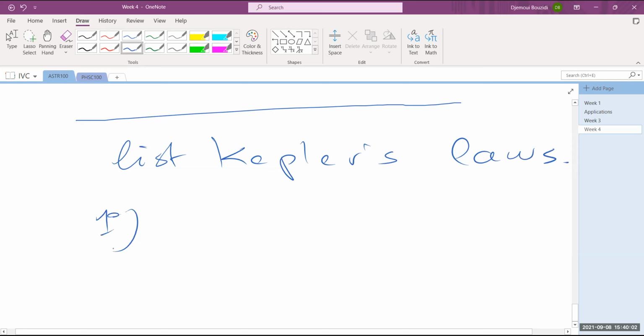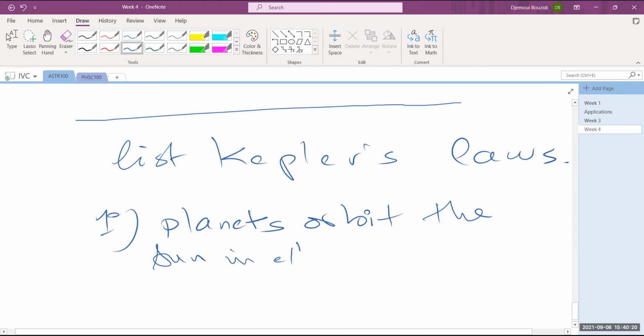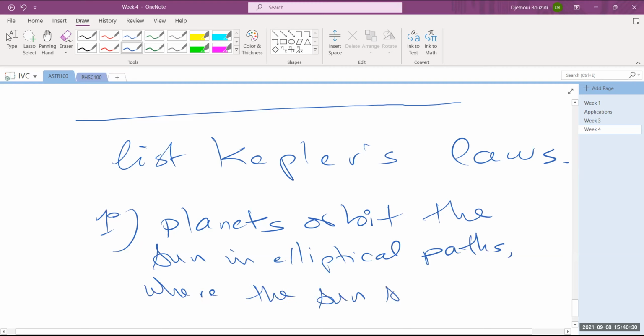Okay, so the first law: planets orbit the sun in elliptical paths where the sun sits in one of its focal points.